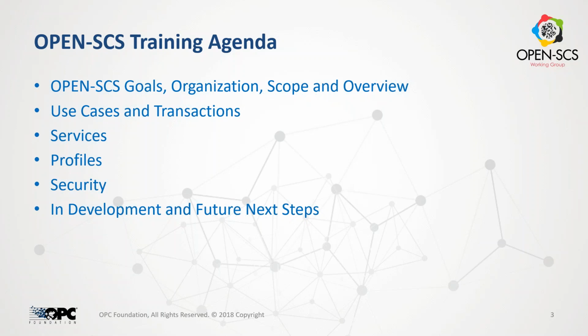OPEN-SCS is an OPC UA working group, and as such is developing profiles and services definitions in the OPC UA form and format. But we will also be providing information in other formats, and we'll discuss that as we talk about the in development and future next steps.